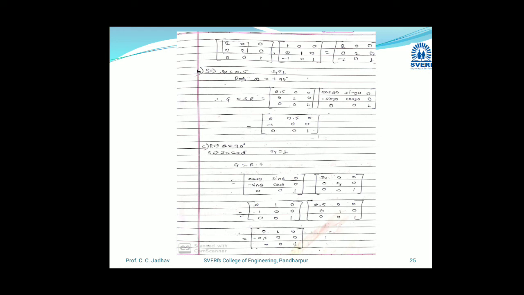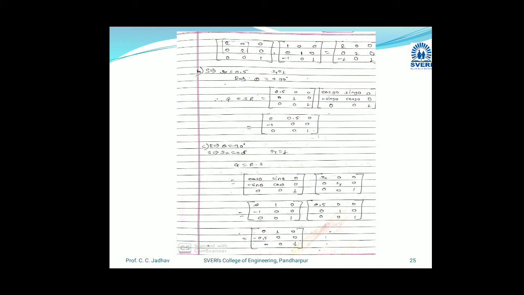Third, rotate anti-clockwise about the origin by 90 degrees, that is theta equal to plus 90. Then scale the x direction by half as large, so Sx is equal to 0.5 and Sy is equal to 1. The formula for this is exactly vice versa to the previous point: capital G is equal to R into S, first the rotational matrix, then the scaling matrix.